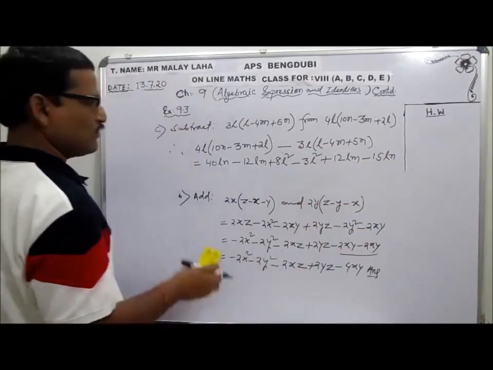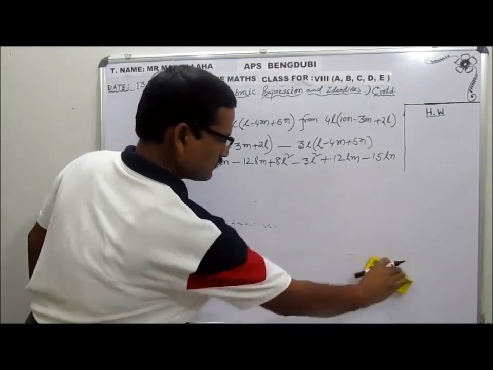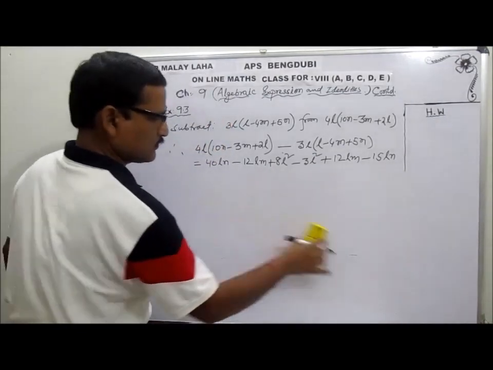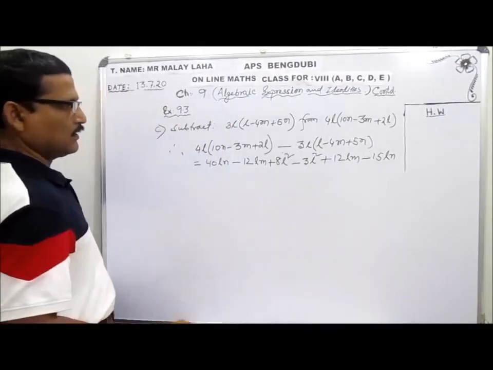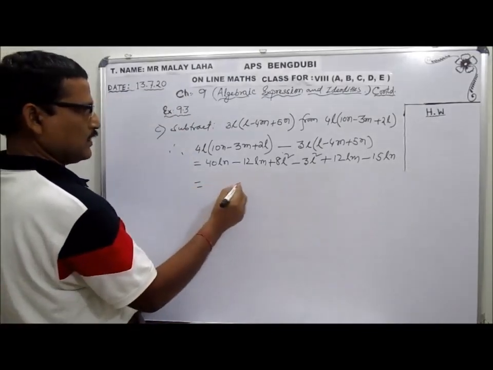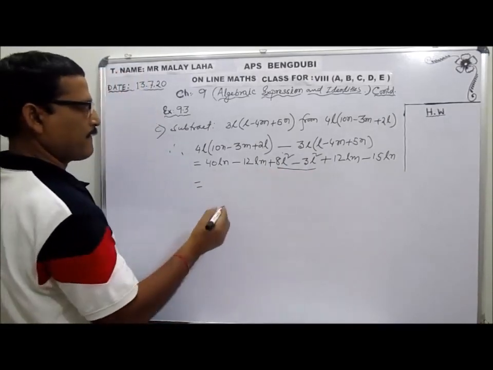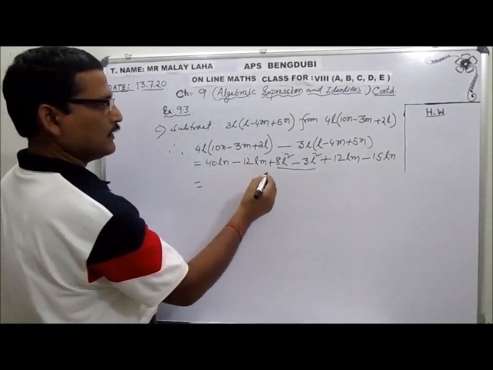Okay, write down the like terms serially. By power. Here l² terms are like terms.